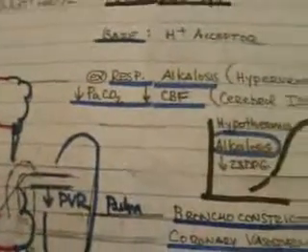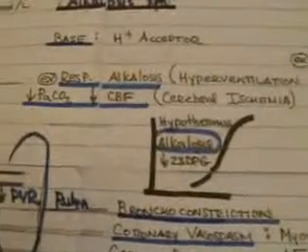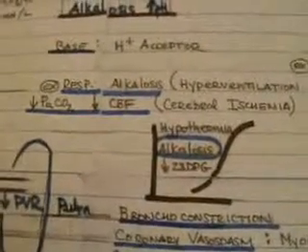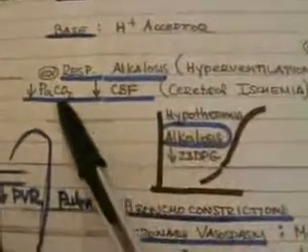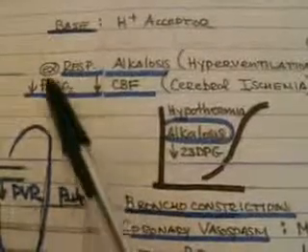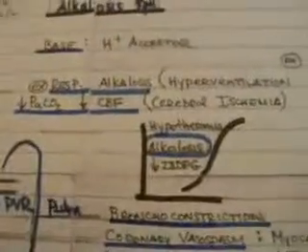It's almost a one-to-one relationship, in the sense that for every 1 millimeter decreased partial pressure of carbon dioxide, it decreases the cerebral blood flow by 1 ml per minute.